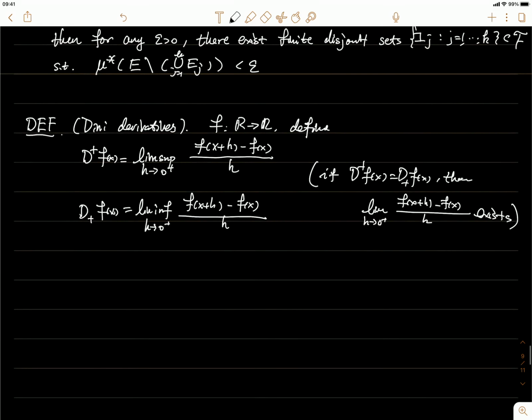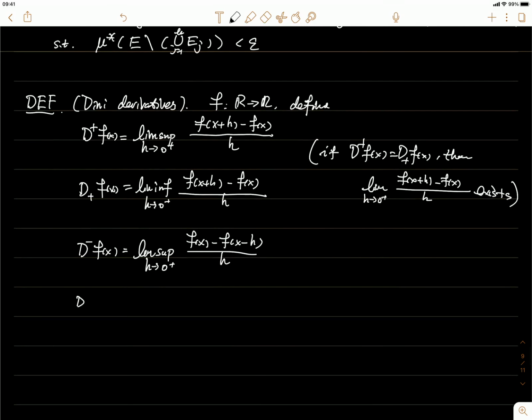And similarly, we can define D minus f, and this is the left. When we see minus it is left, and it's the upper limit for f of x minus f of x minus h divided by h. And similarly, the lower D minus f here is the lower limit of f of x minus f of x minus h divided by h.